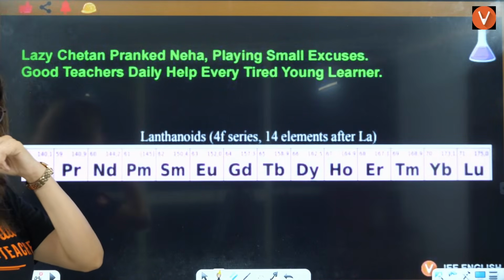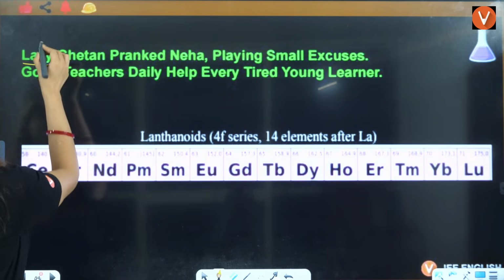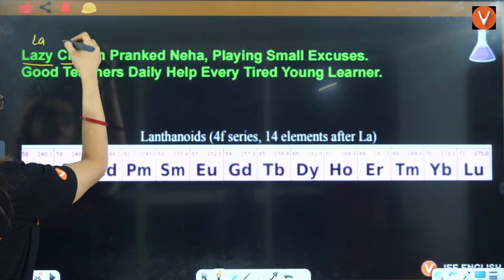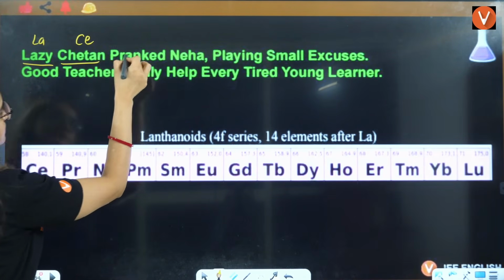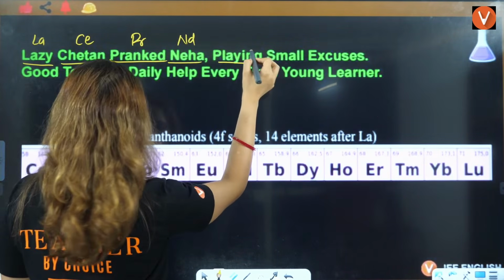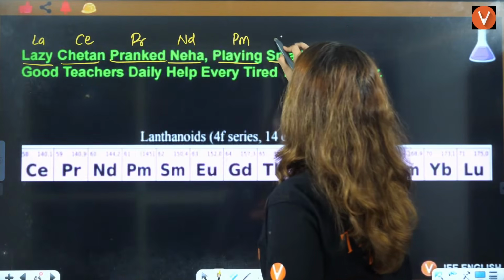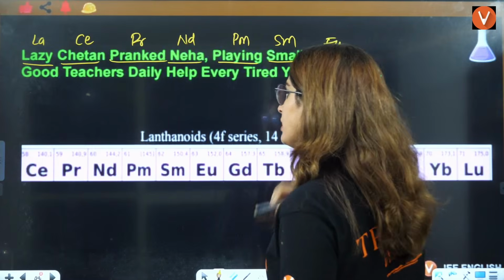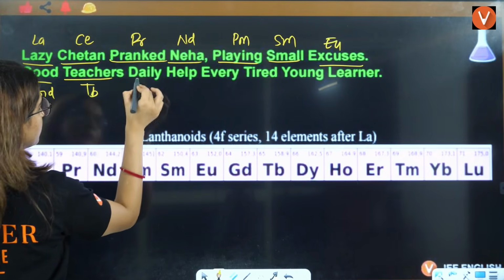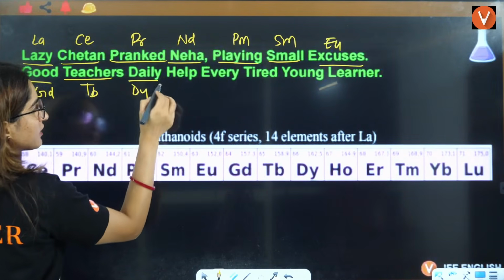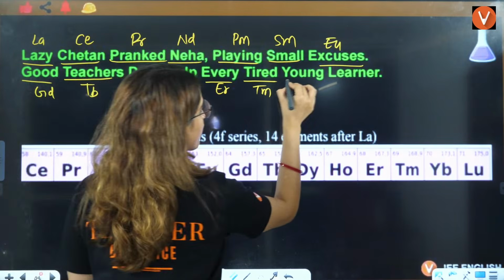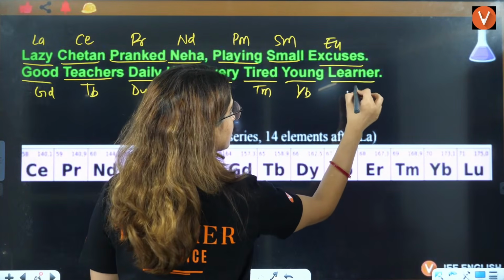These are the elements that you should remember. La means lanthanum, Ce means cerium, Pr is praseodymium, Nd is neodymium, then you have Pm, Sm samarium, Eu europium, Gd gadolinium, then terbium, dysprosium, and so on. These others are not important, but samarium is important, terbium is important, and lutetium is important.